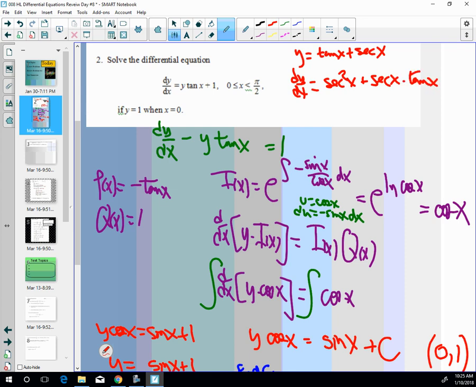This says that if you took the derivative, secant squared x plus secant x times tangent x, it should be equal to y times tangent, where y is tangent x plus secant x, plus 1.